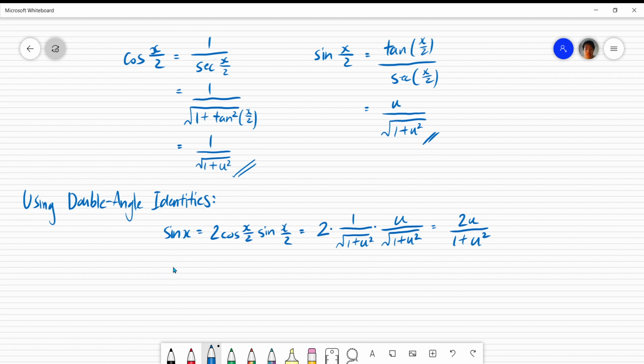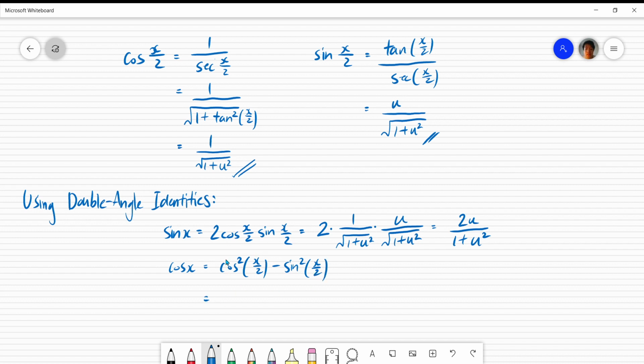And now let's do cosine while we're at it. That's the one we're interested in. We can just do cosine squared of x over 2 minus sine squared of x over 2. What does that give us?